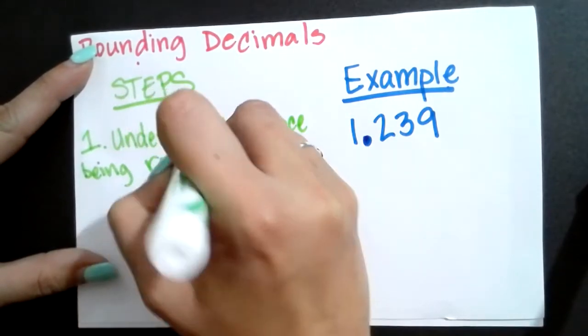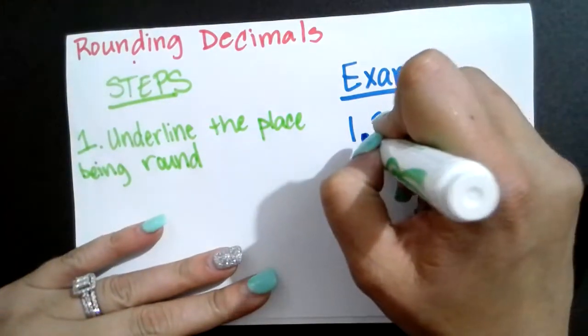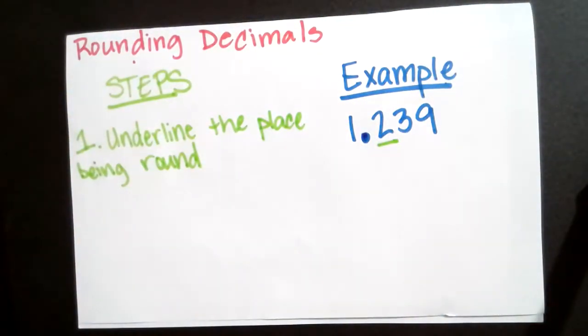So if the question says, I have 1 and 239 thousandths, and I want to round that to the nearest tenths, I would underline the tenth place, and that's why place value is so important. You have to know your place value to know what to do, okay? So I'm going to underline the tenth place.